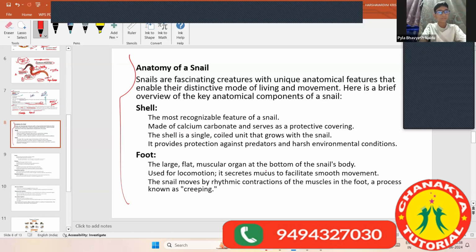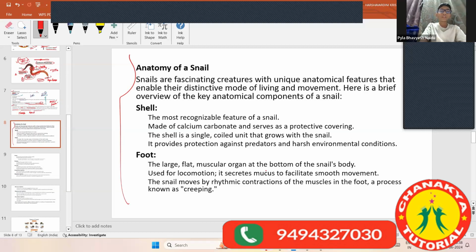Shell: the most recognizable feature of a snail, made of calcium carbonate, serves as a protective covering. The shell is a single coiled unit that grows with the snail. It provides protection against predators and harsh environmental conditions.